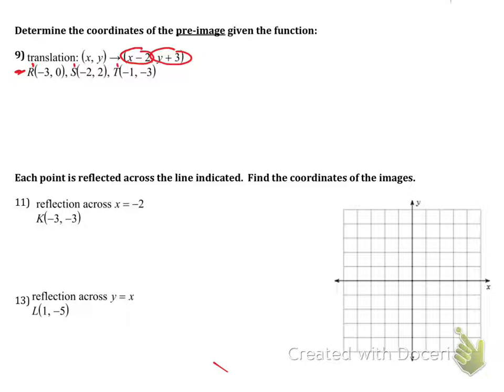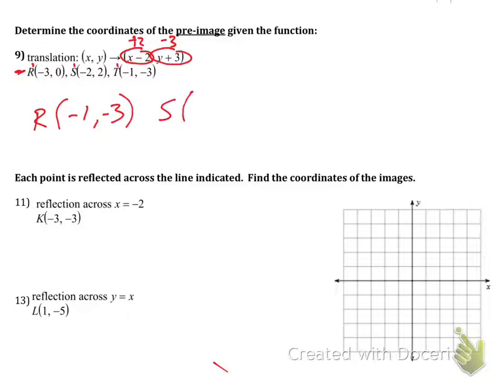So in each one, I'm going to be adding 2 to the x and then subtracting 3 from the y, because I'm trying to go backwards from the image to my pre-image. So I would just add 2 to the x and then subtract 3 from the y. I'm just doing the opposite of what it's telling me. So R is going to be equal to (-1, -3).